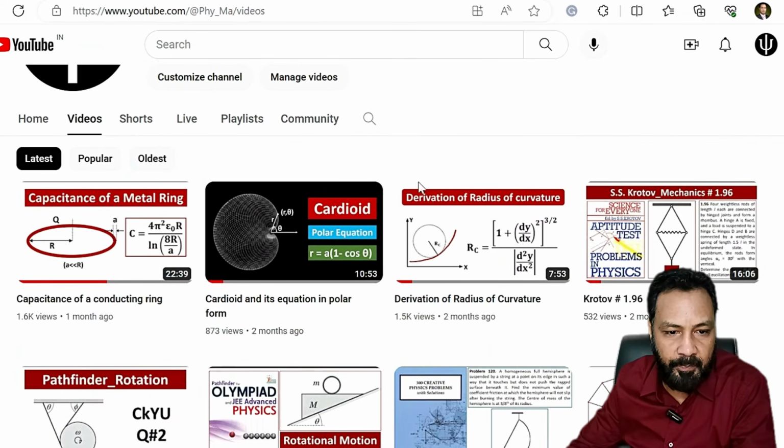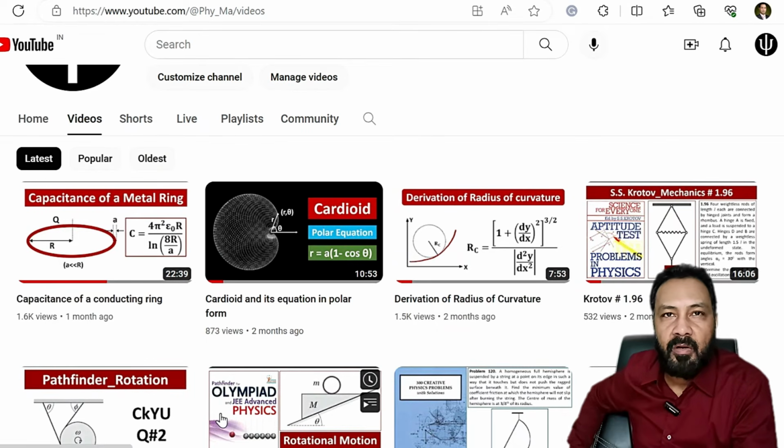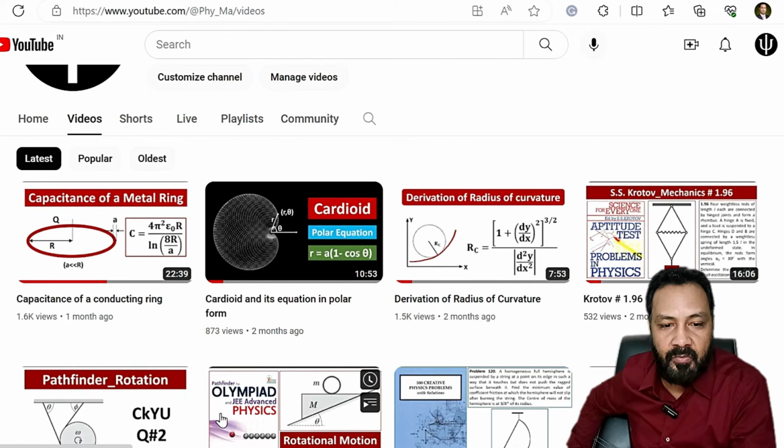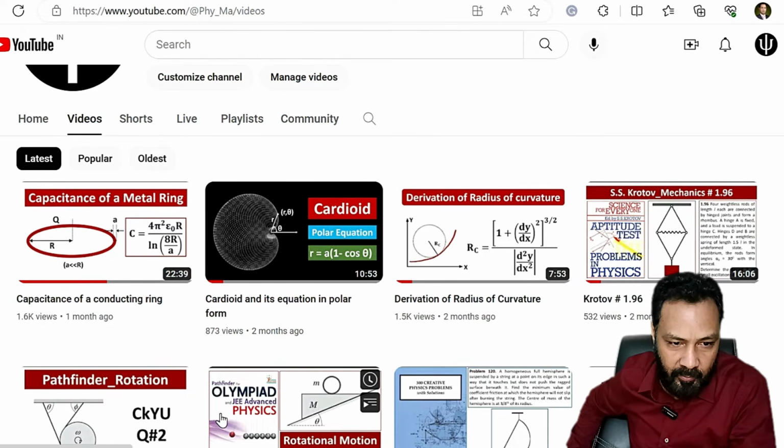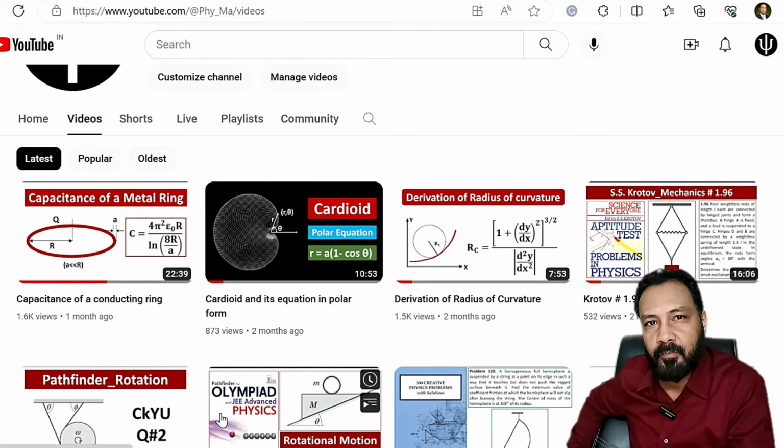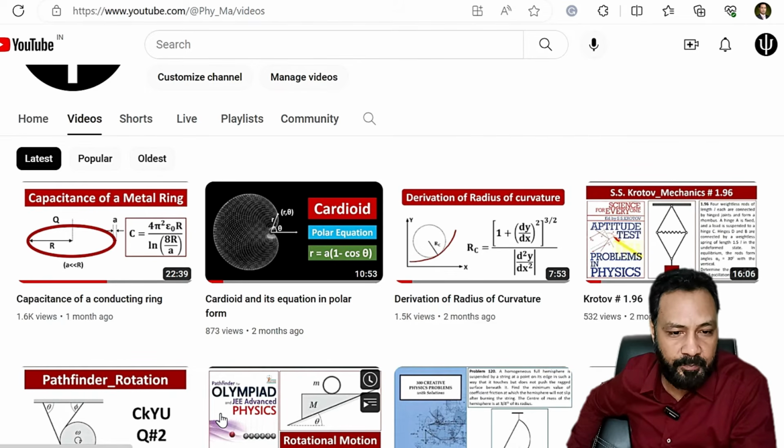So see, the capacitance of a metal ring that I derived, the capacitance of this ring is C is equal to 4 pi square epsilon naught r ln 8r by a. It is a 22-minute video, quite detailed. I've explained all those things, so you can go through that video.